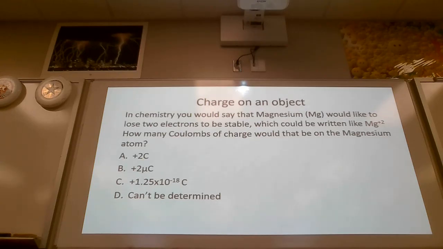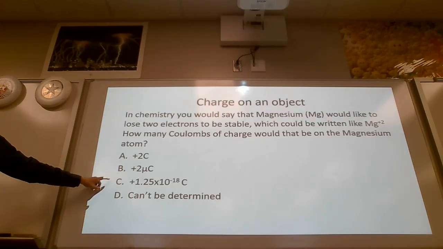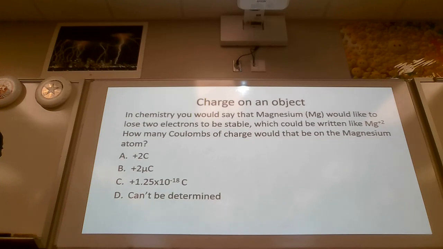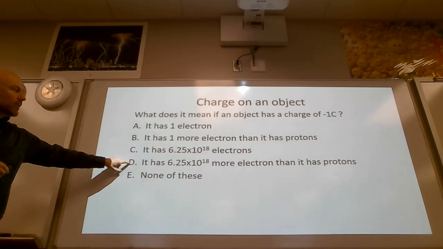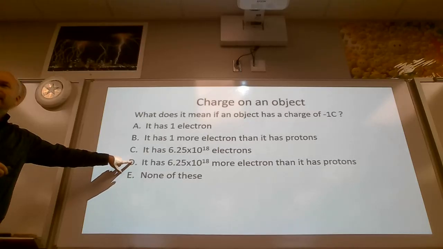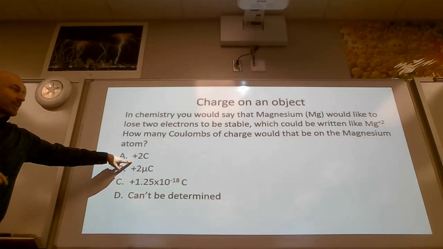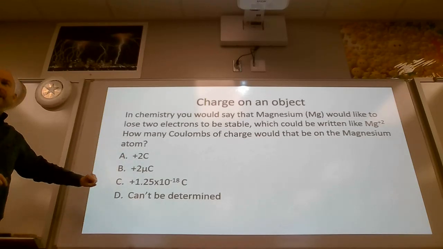Correct answer here is C. Okay? One Coulomb has this many extra electrons. One dozen has 12 eggs. So if I have 2 eggs, I have a fraction of a dozen.